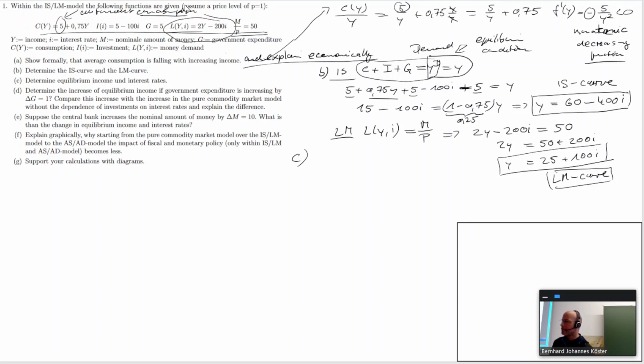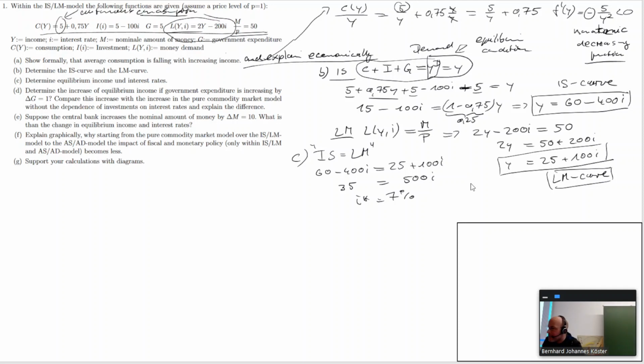So overall equilibrium, what do I have to do? In quotation marks, IS equals LM. So 60 minus 400i equals 25 plus 100i. So plus 400i minus 25: 35 equals 500i. Dividing by 500, i star equals 7%. Why 7%?